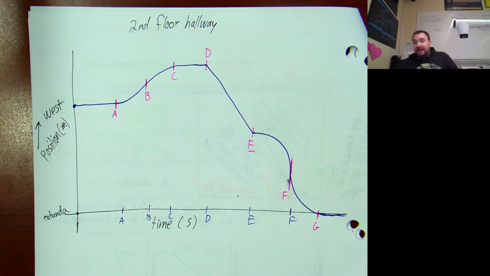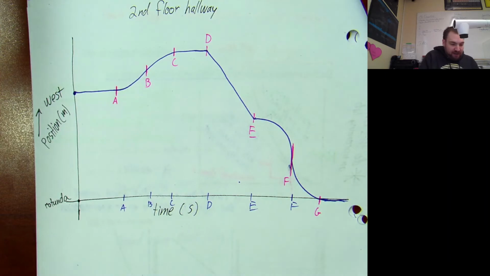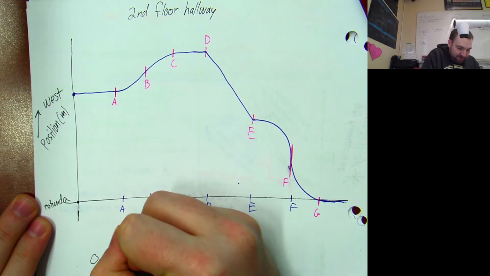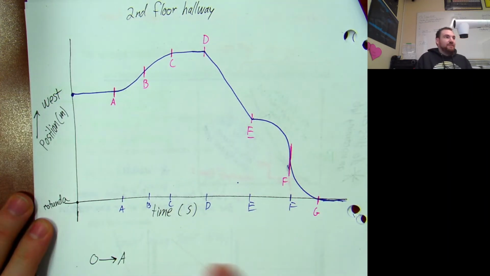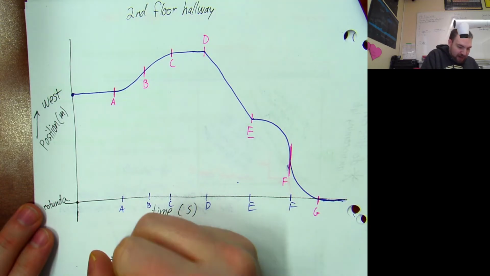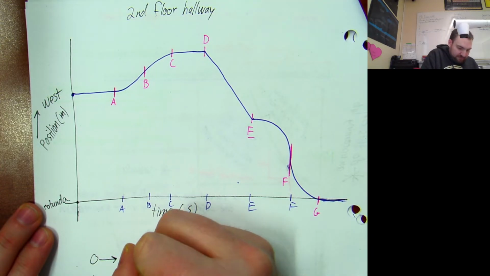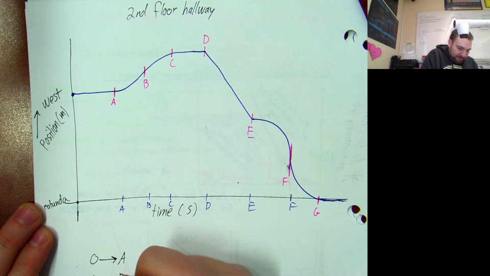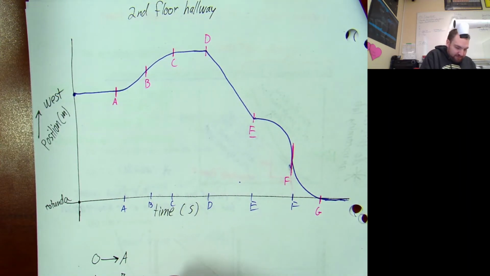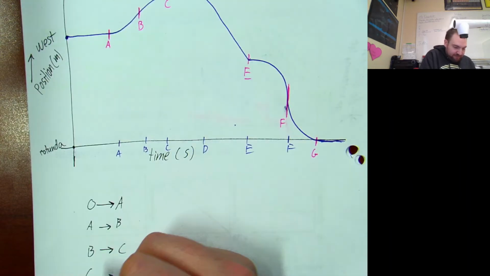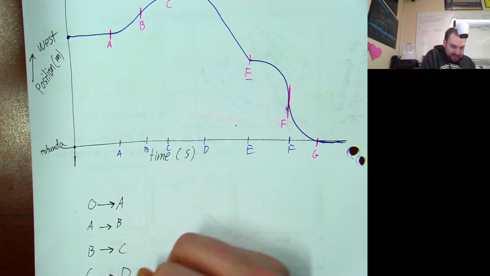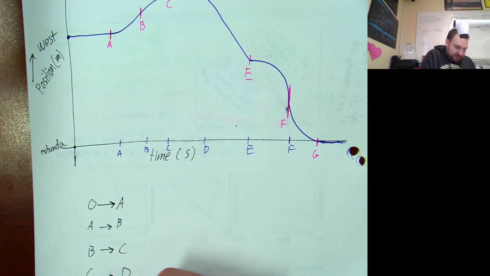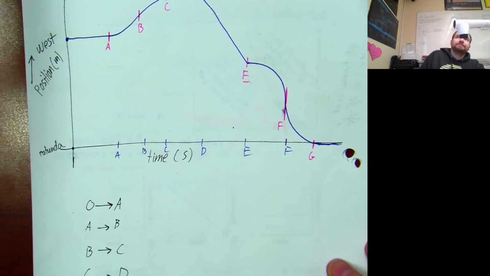You can break it up by talking about it like this. We've got, from time 0 to A, this is what's happening. And then you've got A to B, B to C, C to D, D to E, E to F, and then F to G.